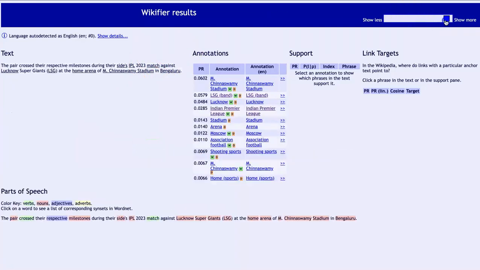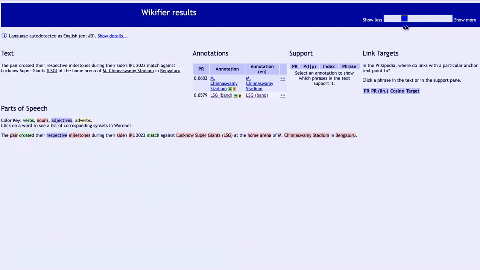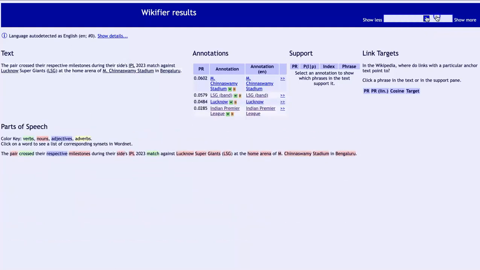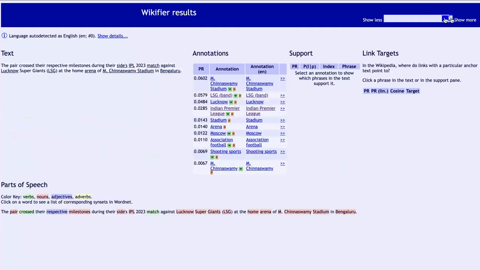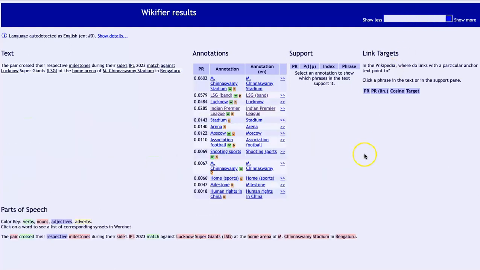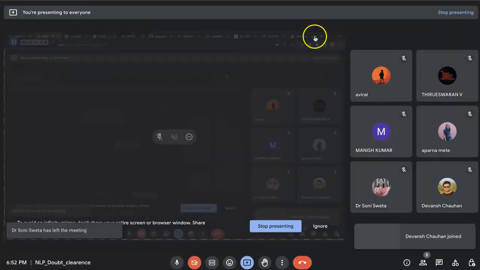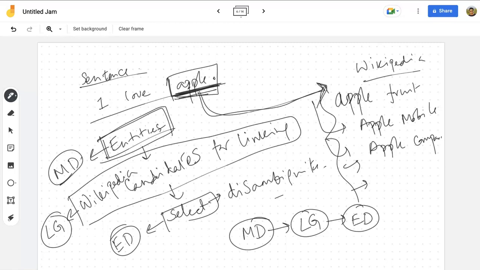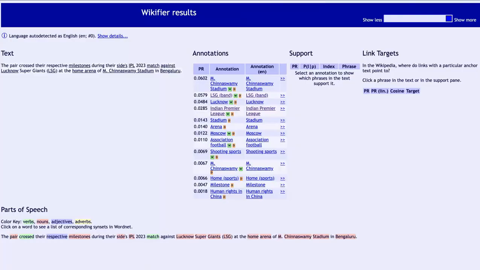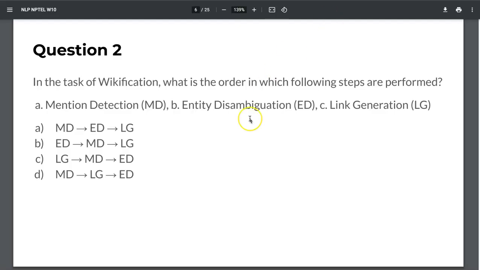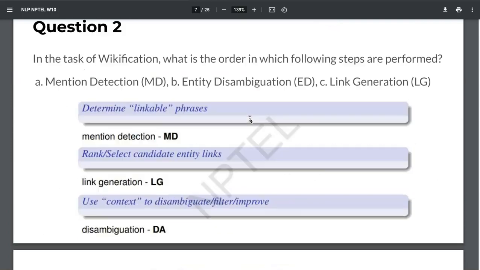You can also increase the number of suggestions by sliding this in the upper right corner. This is just a fun example. I thought you would love it, so that's why I showed you.